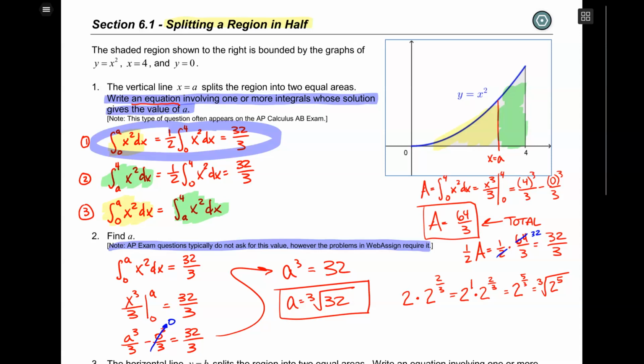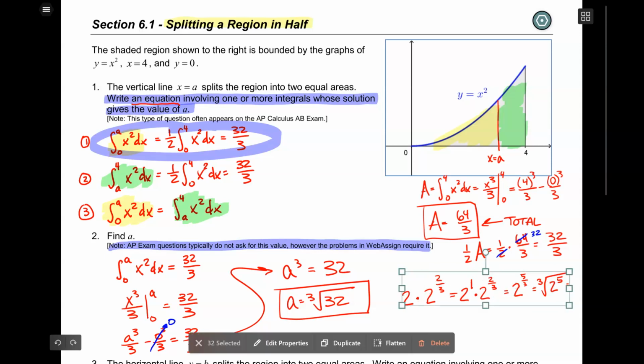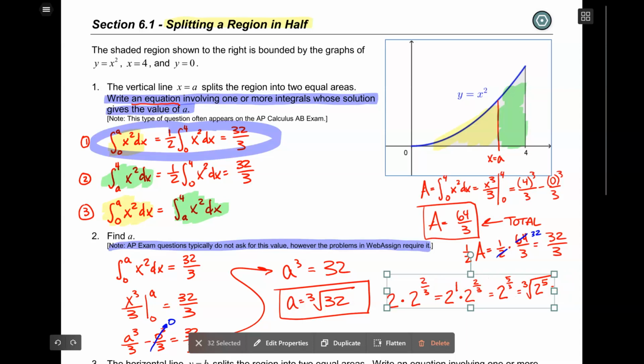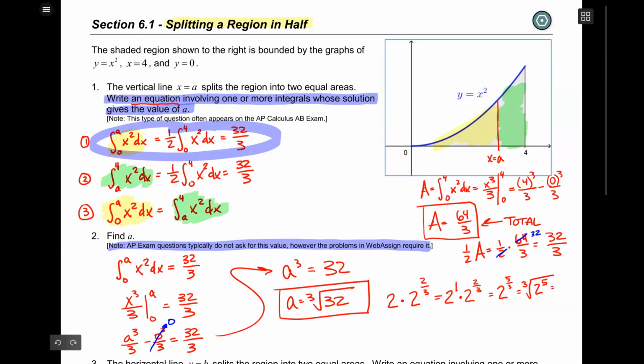And last time I checked, 2 to the 5th is 32. So we're running out of space here. Cube root of 32. So that's just a little fun with algebra to show you that they're equivalent.